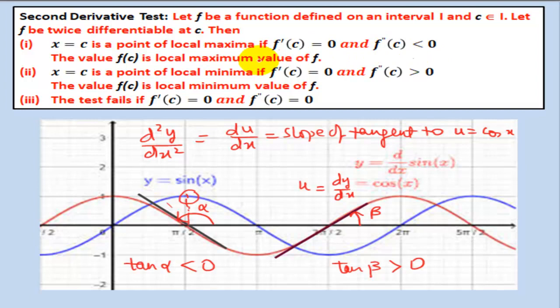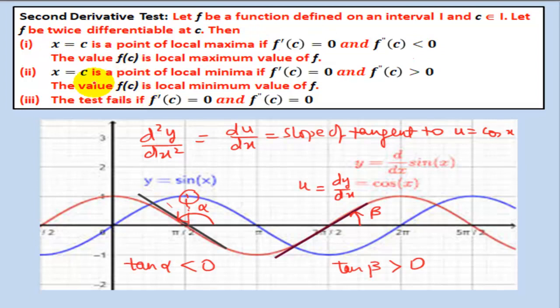Now if that is happening, then this point has to be a point of local maxima, and this we can see from the curve as well, because corresponding to this point, the curve is attaining the maximum value. So if you have obtained a critical point and at that particular critical point the second order derivative is coming negative, you should understand it is a point of local maxima.